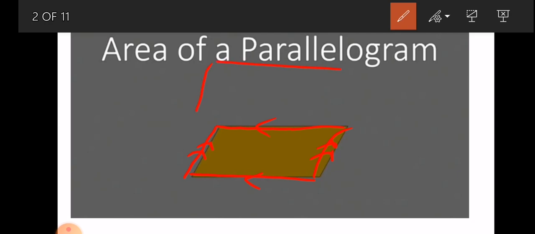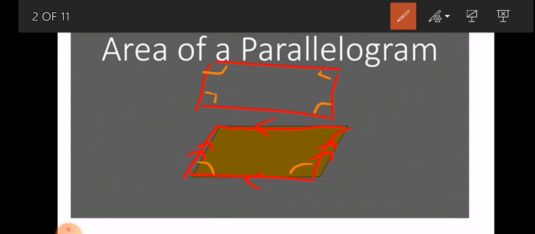What is this shape? The rectangle. Yes, but the only difference between them is that on the rectangle the four angles are right angles, but on the parallelogram they are not right angles. Right angle means 90 degrees.